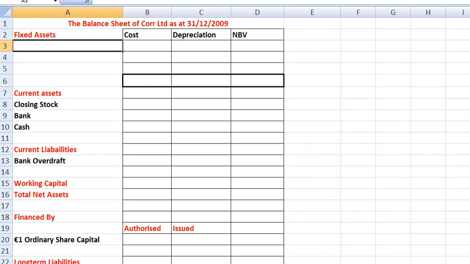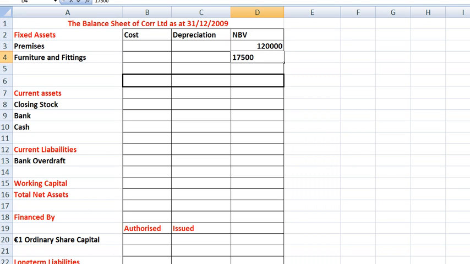Now, looking down through this question, there are three fixed assets, and the first one is premises. So I'm going to put that in here, in the last column, and it is 120,000. The next fixed asset is furniture and fittings, and I'm going to put that in the last column, 17,500.